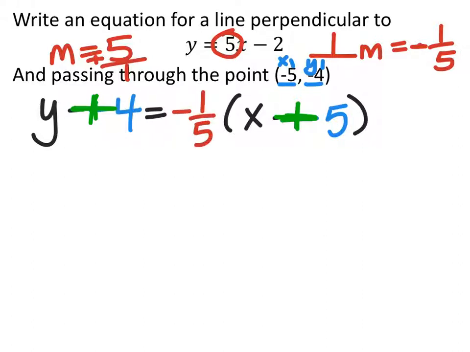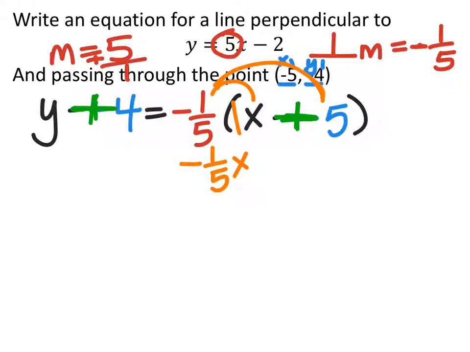Now from this I can solve this problem, and the first thing I would do to simplify it into slope-intercept form is to distribute the -1/5 into the parentheses. First off, -1/5 times 1x would be that -1/5 x.